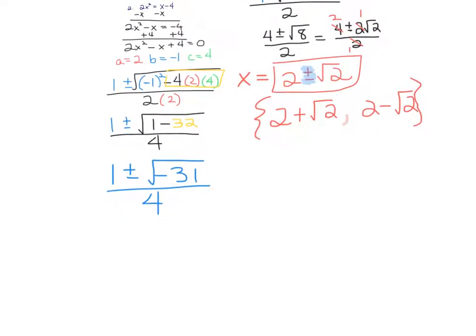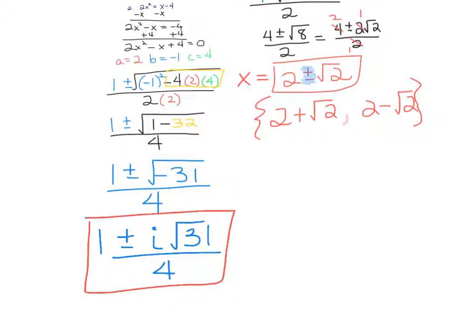I could break it into negative 1 times 31. So if it's a negative root, I need to pull out the letter i. That's the only thing I can simplify on the 31, the square root of negative 1. So the final answer there is 1 plus or minus i square root 31 over 4.